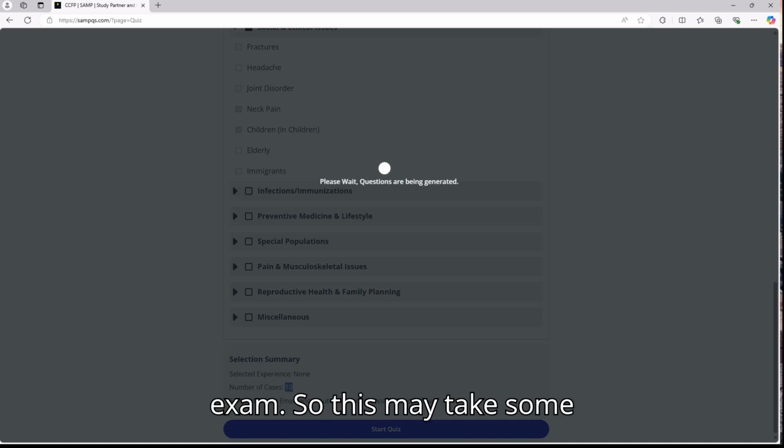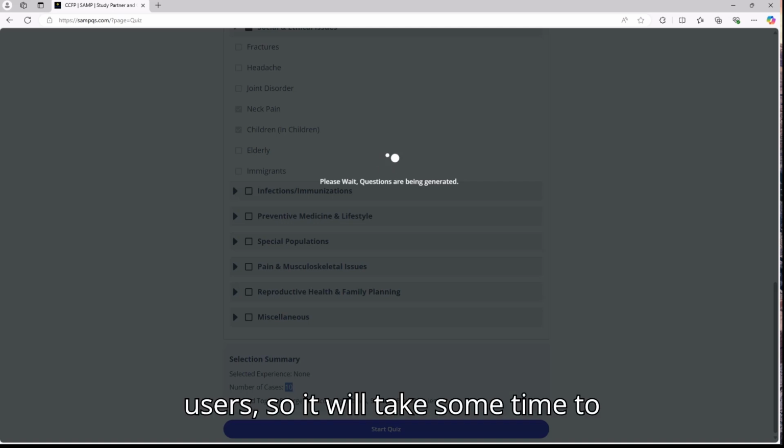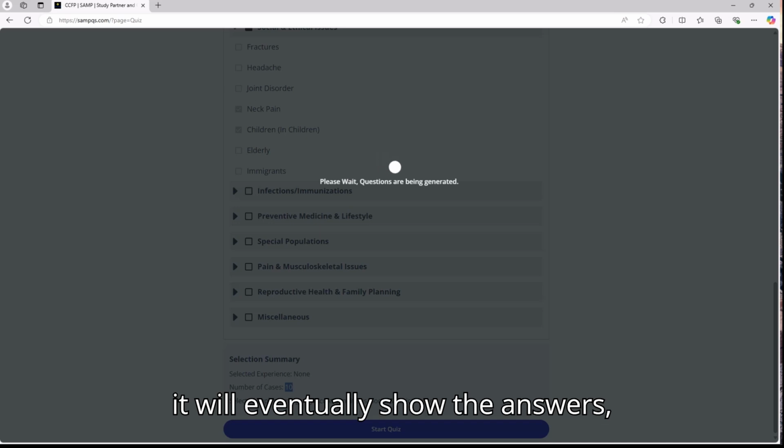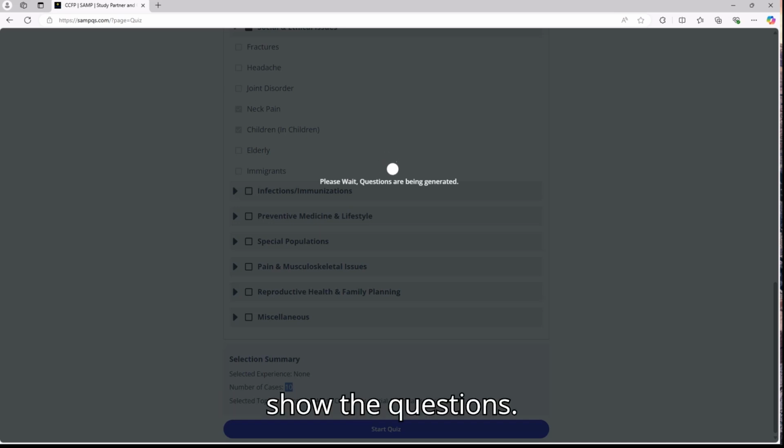It involves deep analysis of the current trend and answer pattern from the user. So it will take some time to generate the questions, but it will eventually show the questions.